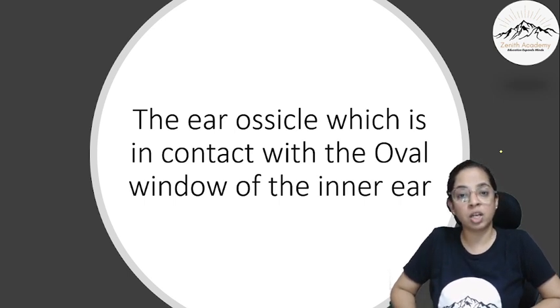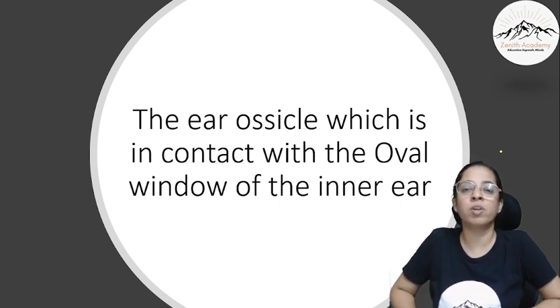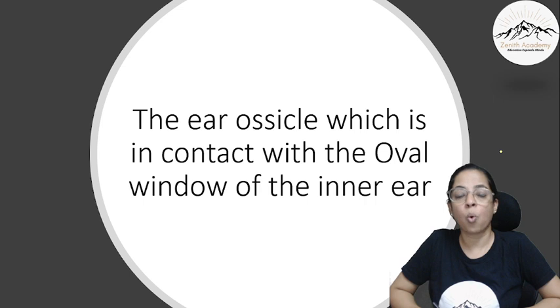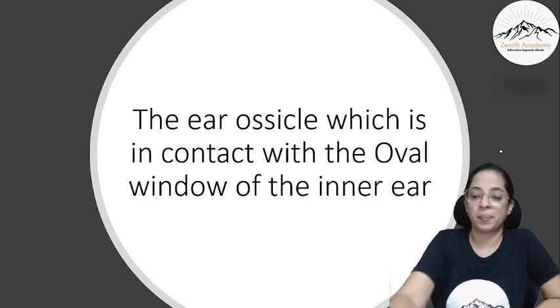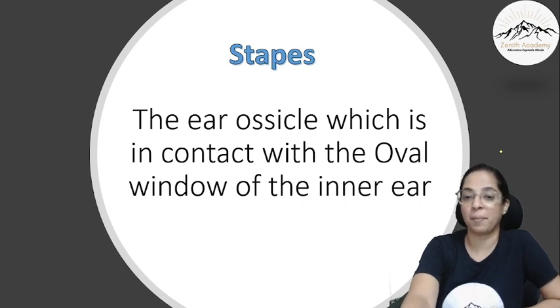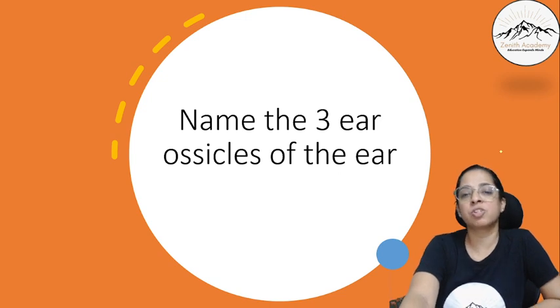What is the name of the ear ossicle which is in contact with the oval window of the inner ear? Can you tell me? Yes, the correct answer is stapes or stirrup. Name the three ear ossicles of the ear.